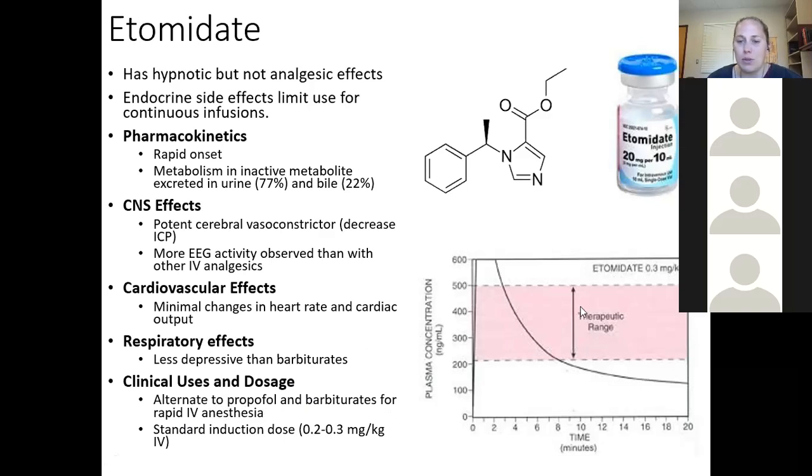I've also included a structure, as well as the general therapeutic range that we see in the plasma concentration with the treatment. So it gives you a time course of sedation that you can see here. We don't talk about time of onset often with many of these other ones, but I found this figure and appreciated that it showed that onset.